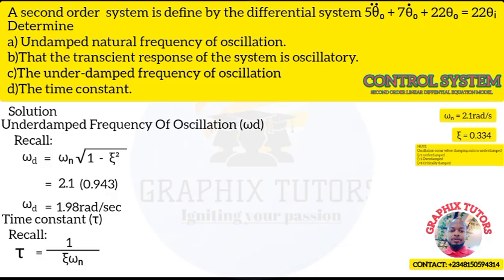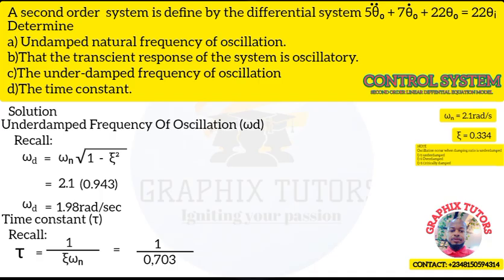So when you input your values, we have 1 all over the natural frequency, 2.1, multiplied by the damping ratio zeta, 0.334, and this will give us 1 all over 0.7014.